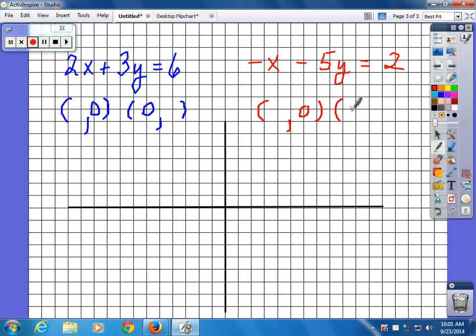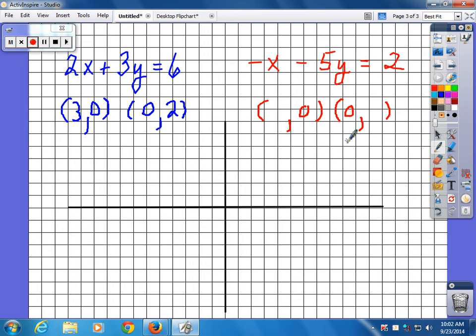Y-intercept, 0 for x. So if I plug in 0 for y, what am I going to get for x? If I plug in 0 for x, what am I going to get for y? So that should be your two intercepts there.